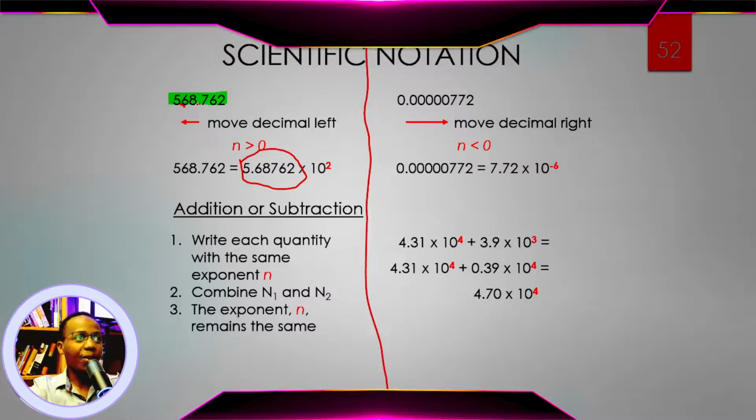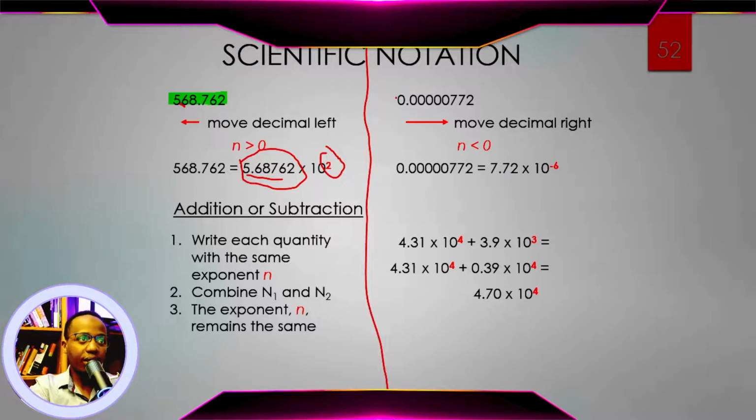Here we moved 1, 2, so it's going to be 10 to the second. So you move to the left until you have one number, and then when you write it down, you say the number you have times 10 to the number of times you moved.